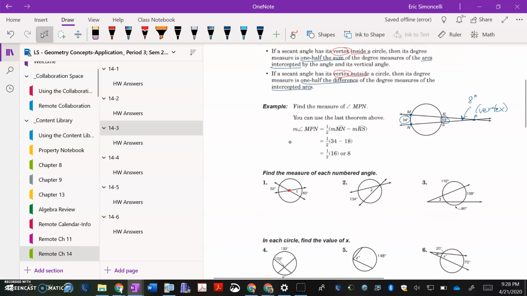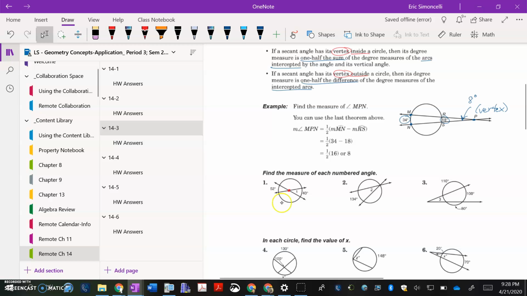So I'll scroll back up just to repeat again. If a secant angle has its vertex inside a circle, then its degree measure is 1/2 the sum of the degree measures, not difference, sum of the degree measures of the arcs that are intercepted here.